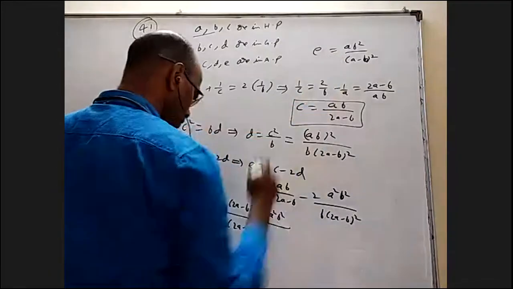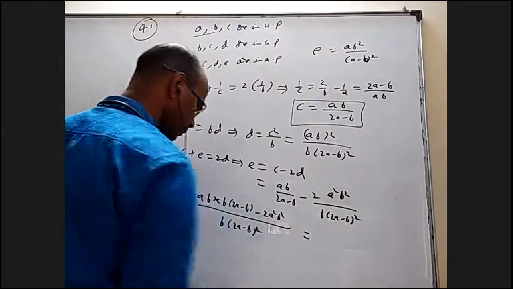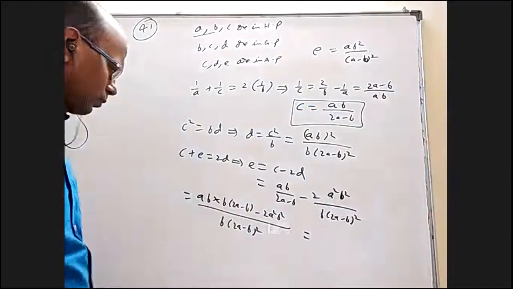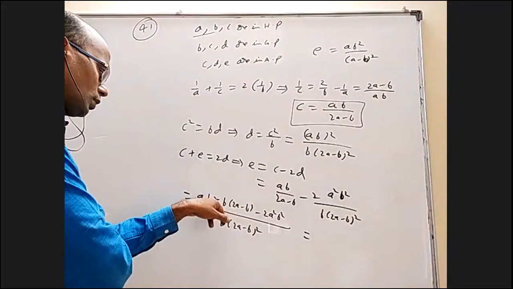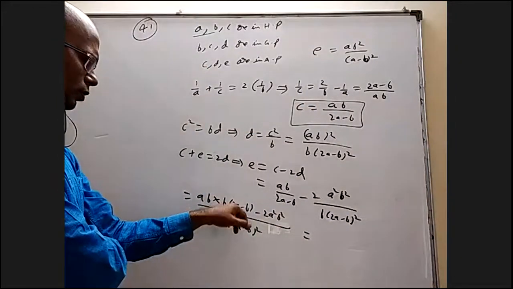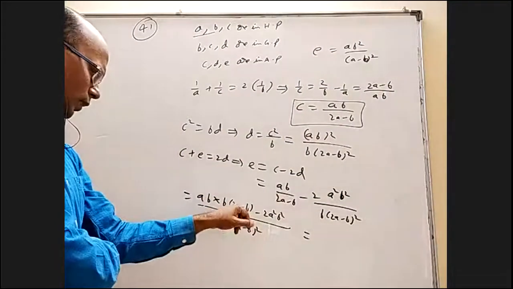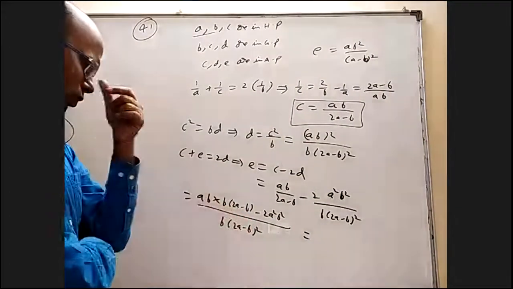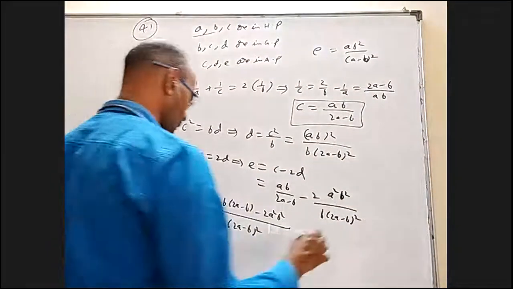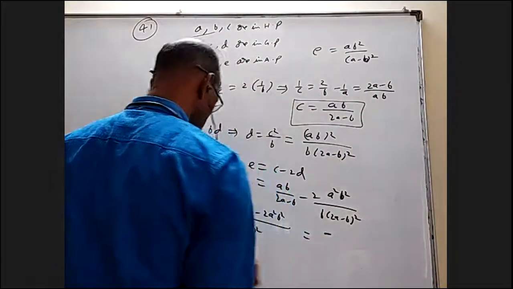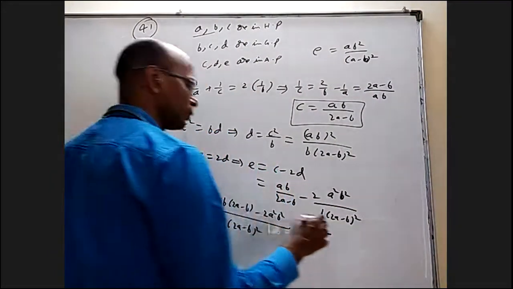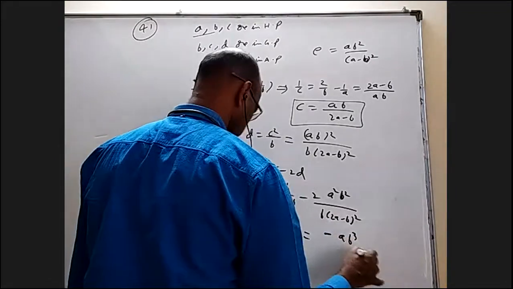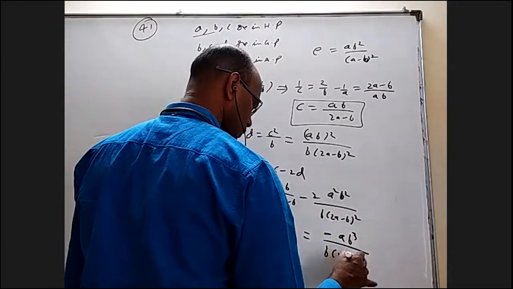Is this right or not? I don't know. This is AB square, 2A square B square will cancel, minus 2AB cube or minus B cube, minus AB cube by B into 2A minus B whole square.